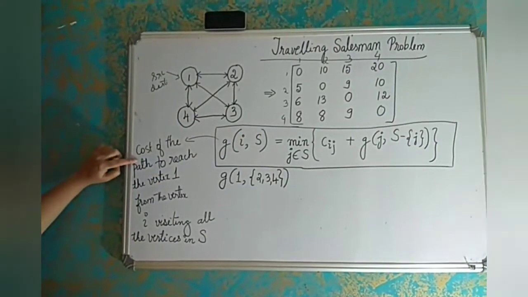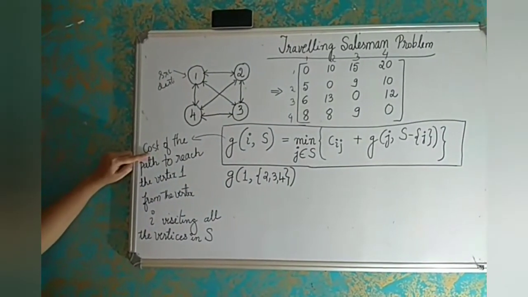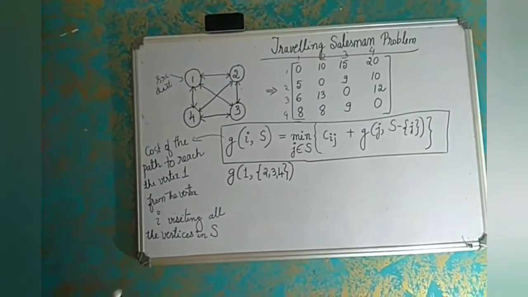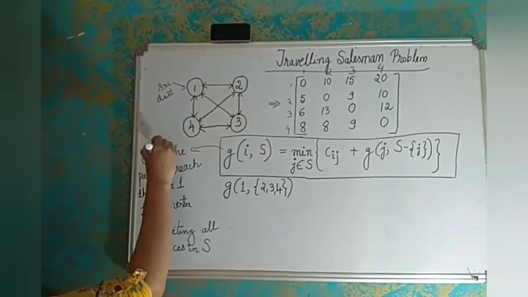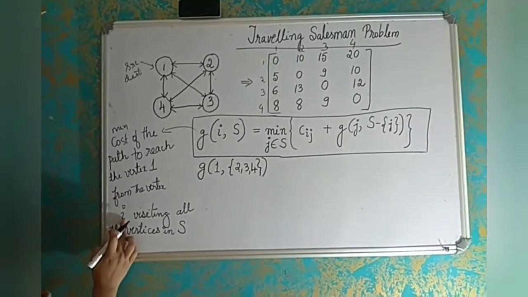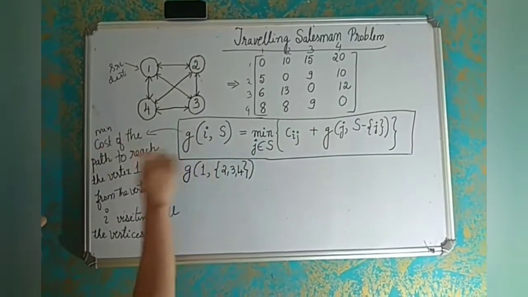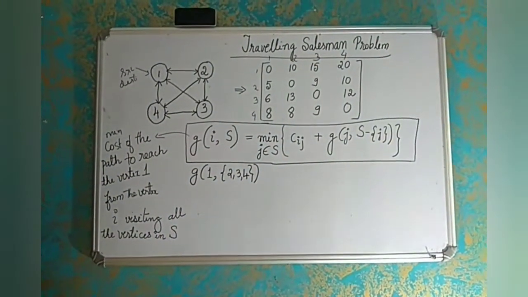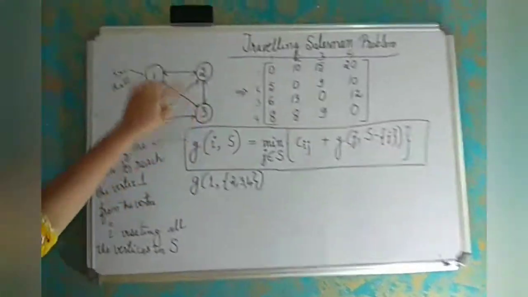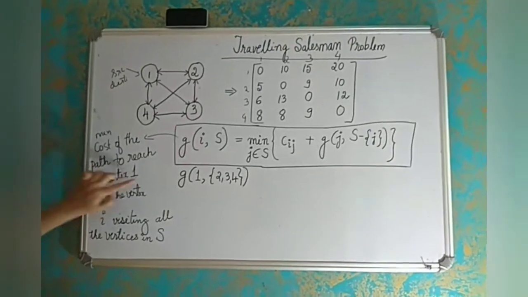Here I have written that G of I comma S is nothing but the minimum cost of the path to reach the vertex 1 from the vertex I. This is the cost to reach the vertex 1, because I have told you source and destination both are 1.